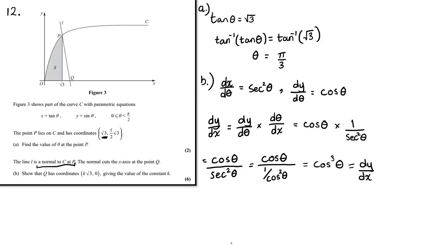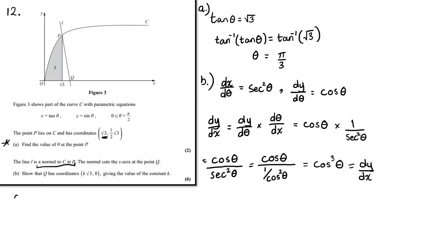So if we know the value of theta at this point P, then we can find the value of the gradient. We know the value of theta at the point P. That's what we found in part A, and this is why these two parts link quite nicely.